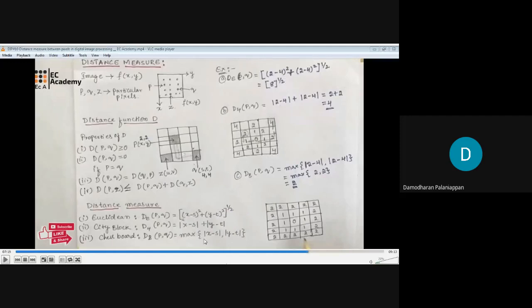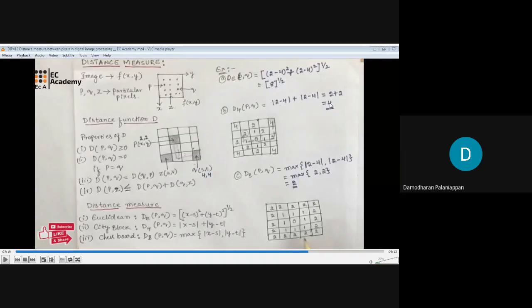According to this example matrix, pixel p is at coordinate 2 comma 2, and q, with coordinates s comma t, is at 4 comma 4.